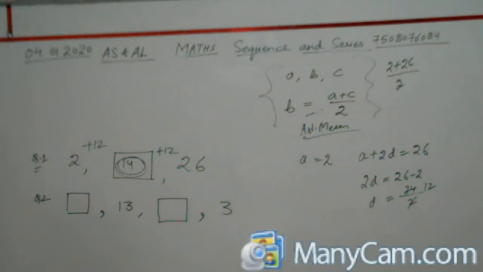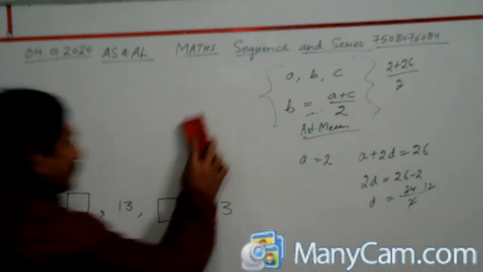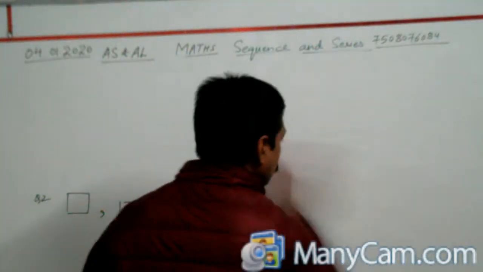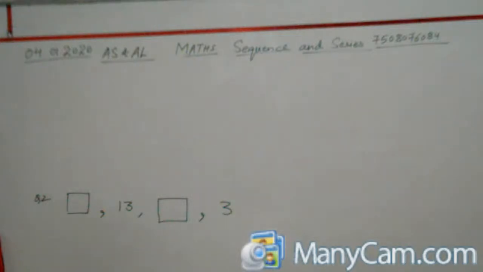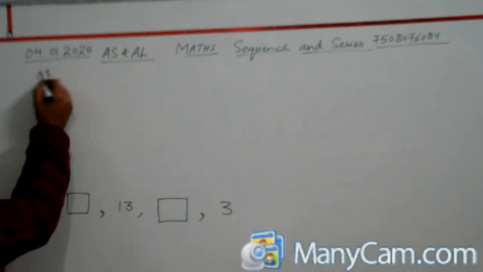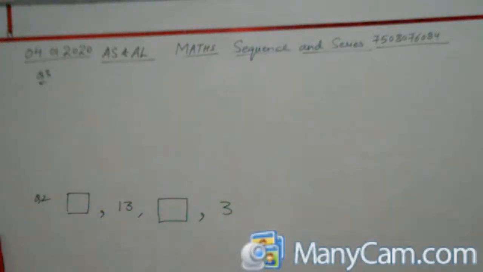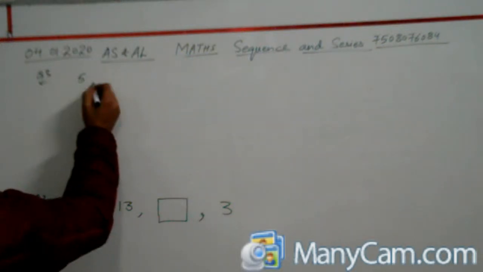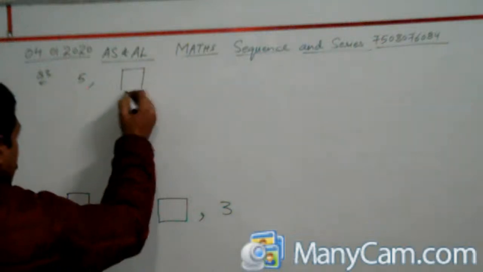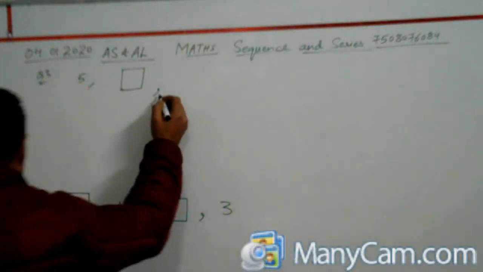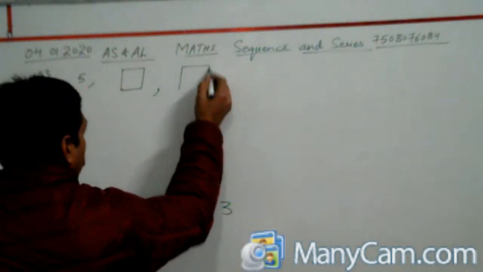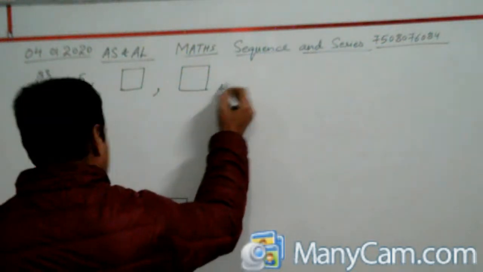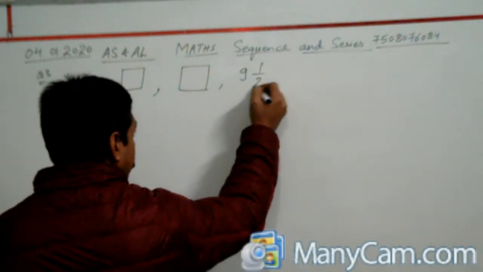Now here we have the second part. Let's take one more part. In question number 3, 5 is the first term, the second term is missing, the third term is also missing, and next is 9 by 2.